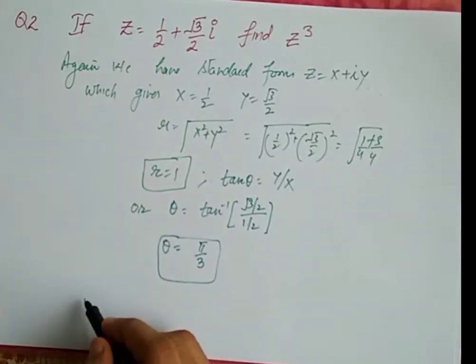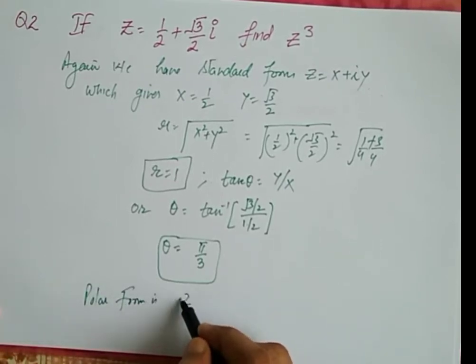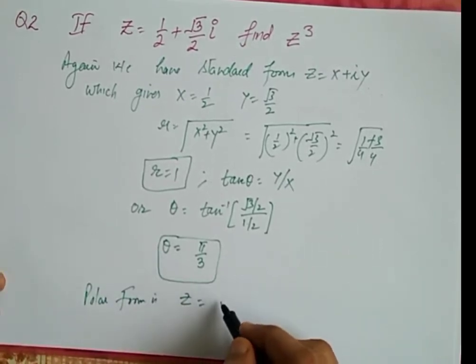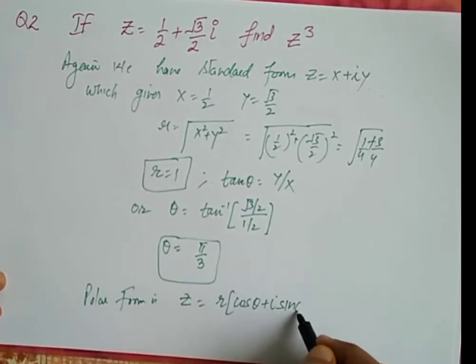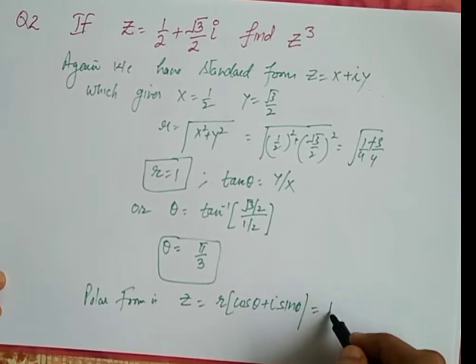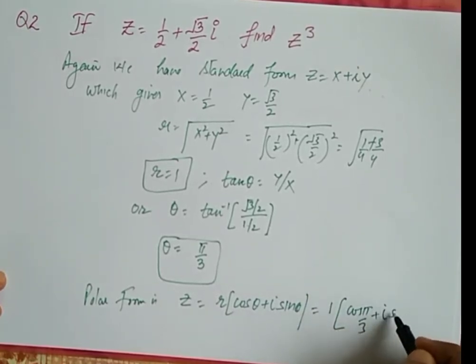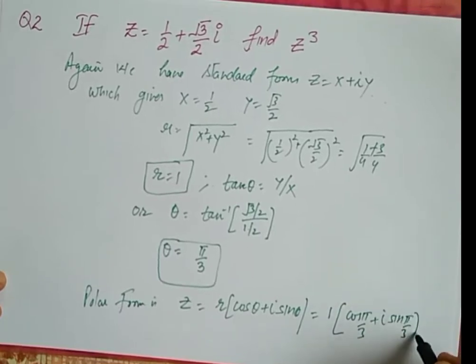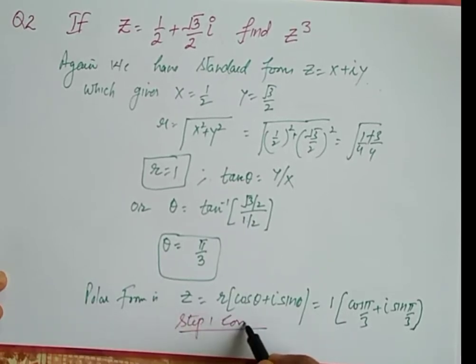So the polar form is z equals r times cos theta plus i sin theta. Substituting the values, 1 times cos pi by 3 plus i sin pi by 3. This is step 1 completed.